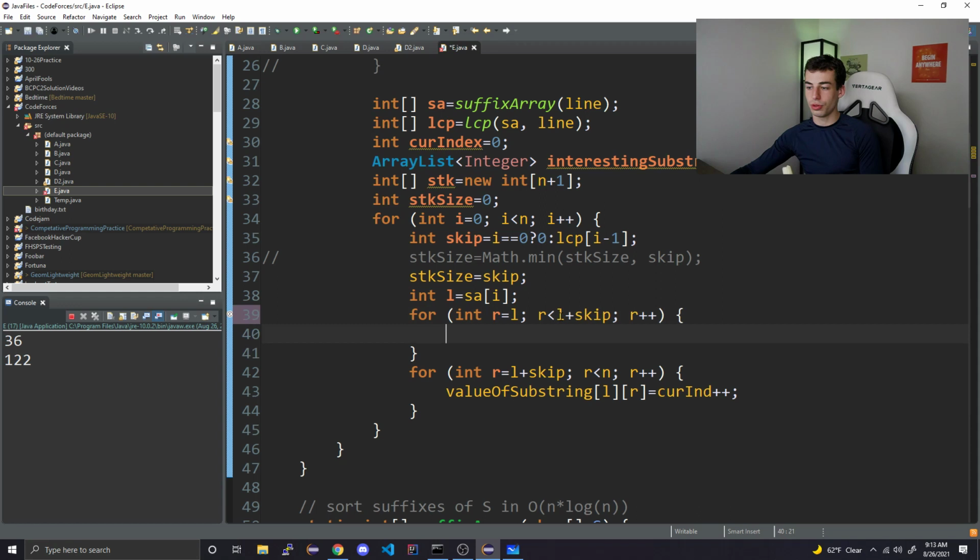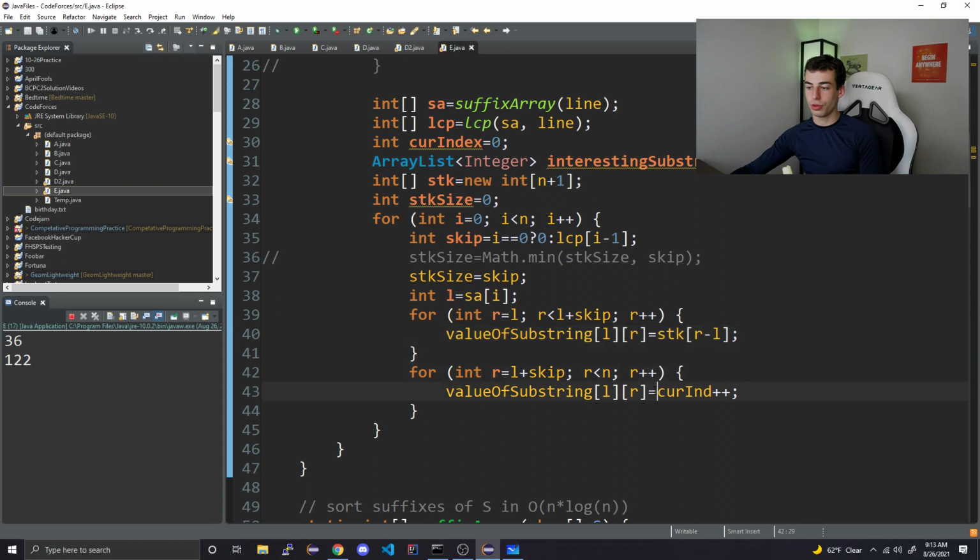R is less than L plus skip, R plus plus. So then value of substring from L to R equals STK at R minus L.